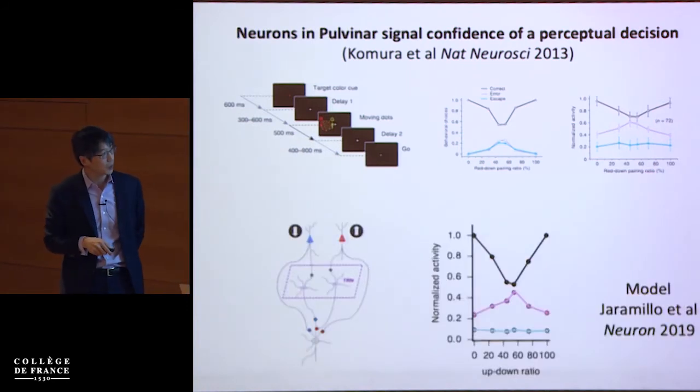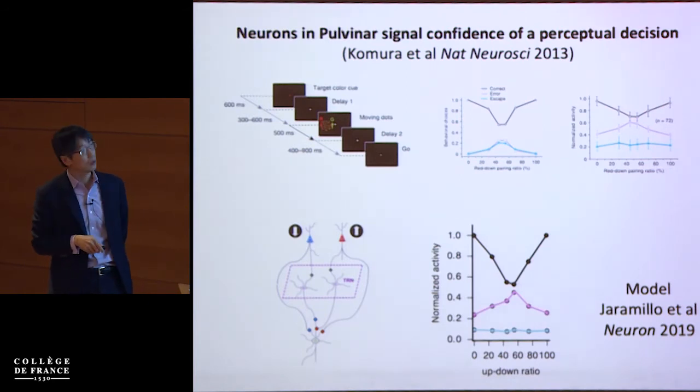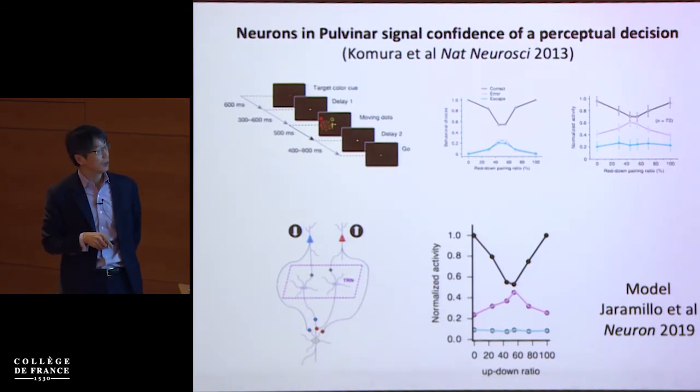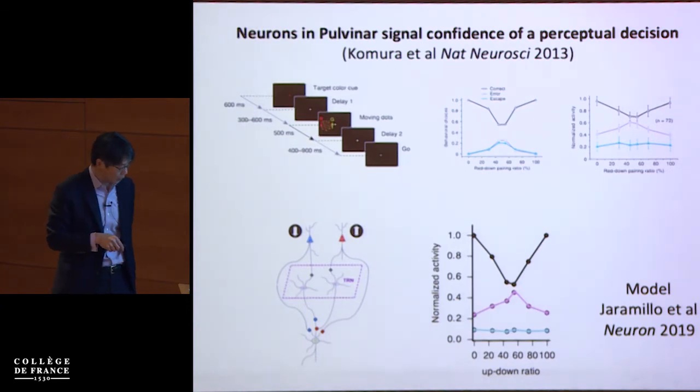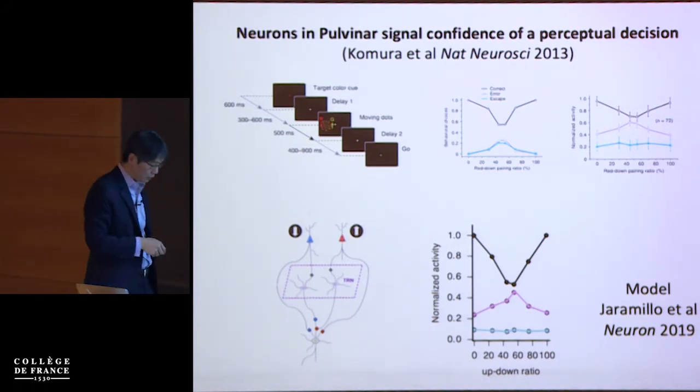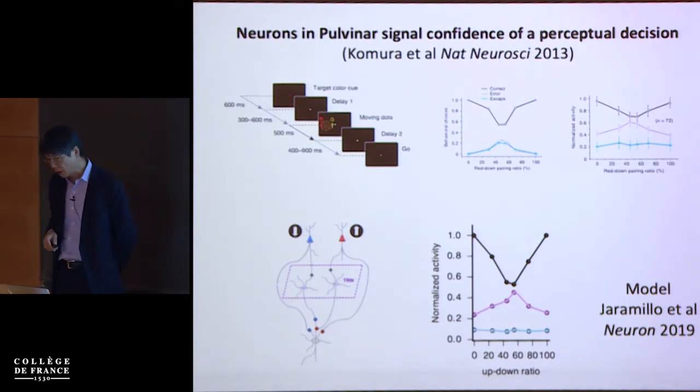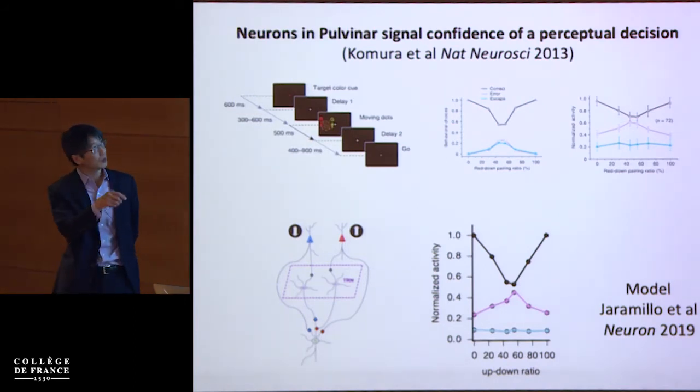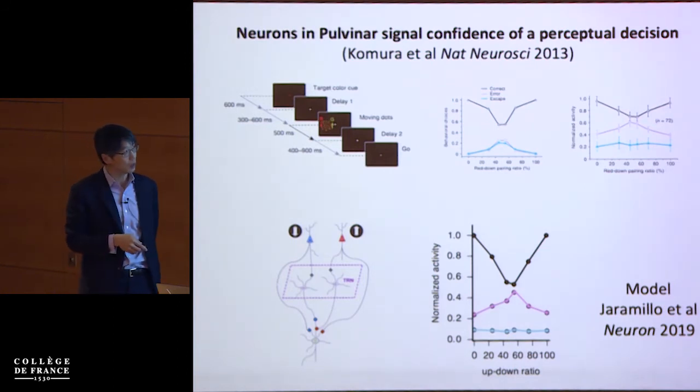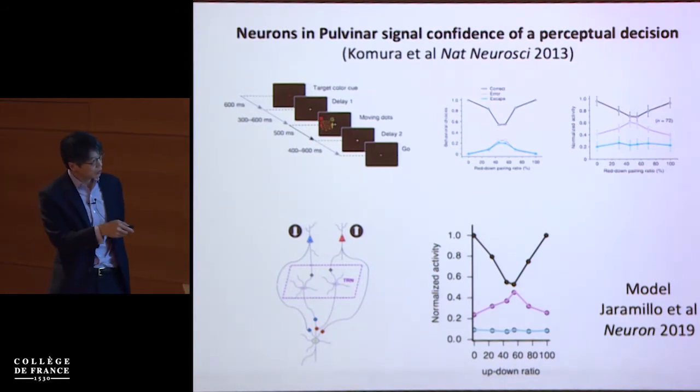So we just published a paper suggesting a mechanism for this computation. That was inspired by some other in vitro physiological experiments about the circuitry from the cortex to the thalamus, including pulvinar. So here, think about neurons in the cortex, selective for the two options, converging onto a neuron in the pulvinar.